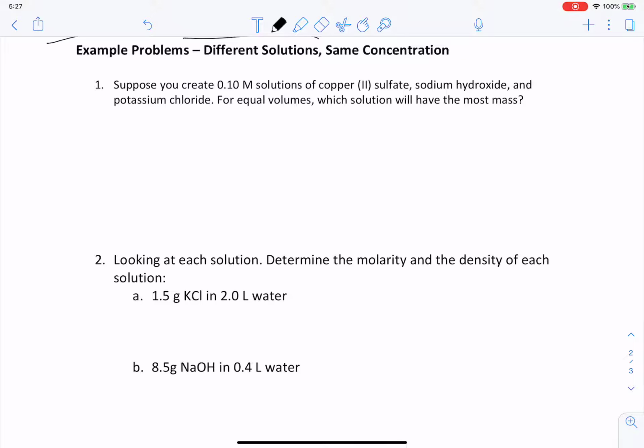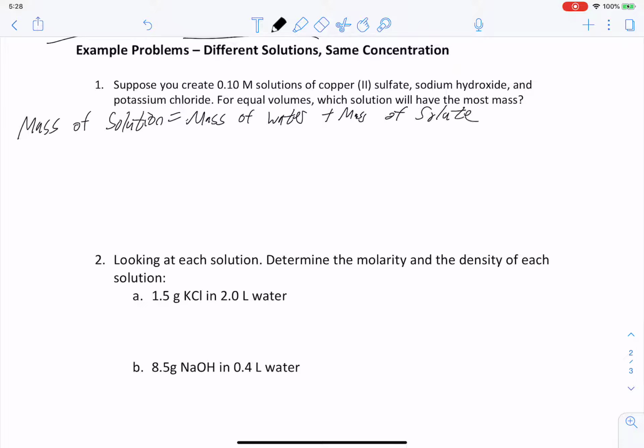The mass of each solution is going to be the mass of the water plus the mass of the solute, right? So mass of solution equals mass of water plus mass of solute.